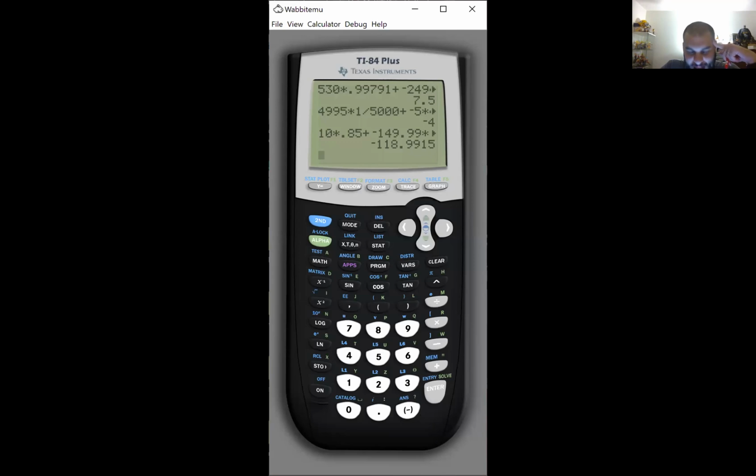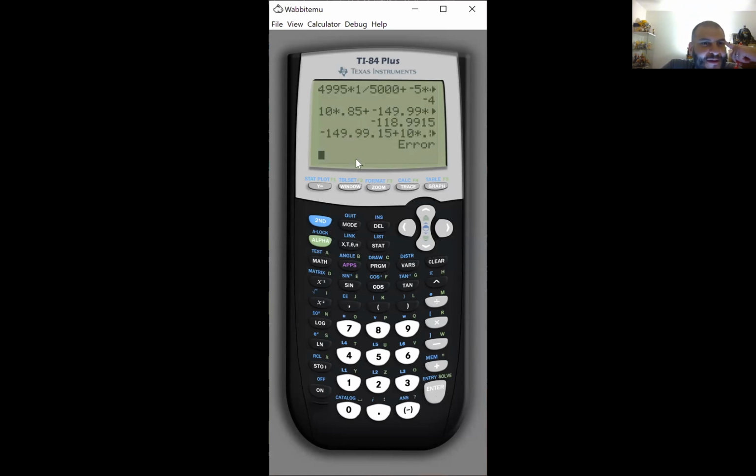So you put negative 149 with 99 cents, and that's multiplied by 0.15, and then you add it to 10 times 0.85. I think I know what I did wrong.